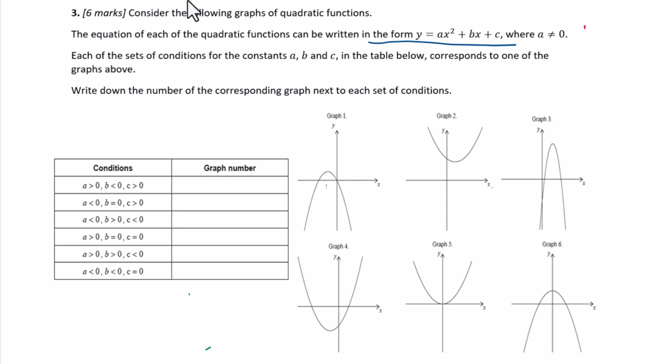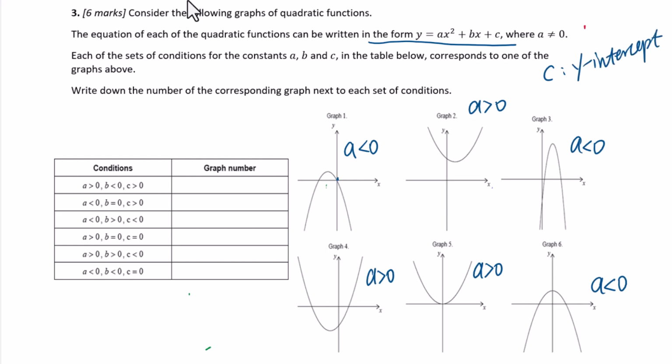Let's check a first. When the graph opens up, it means a is positive. When the graph opens down, it means a is negative. We know c is the y-intercept. First graph, y-intercept is 0.